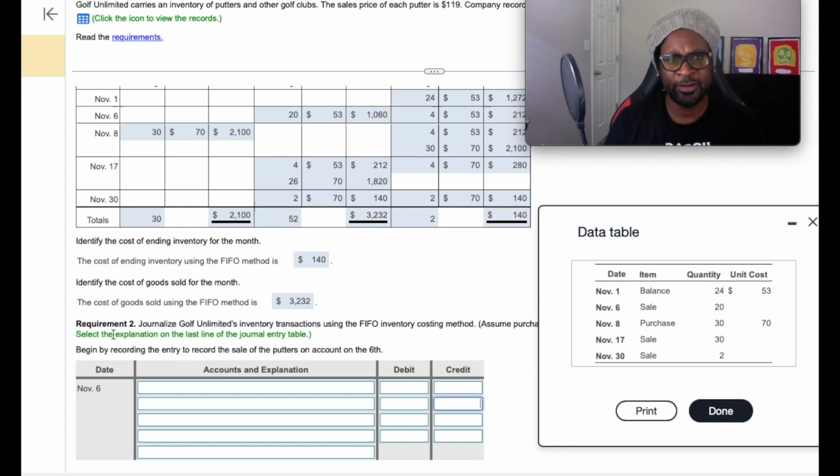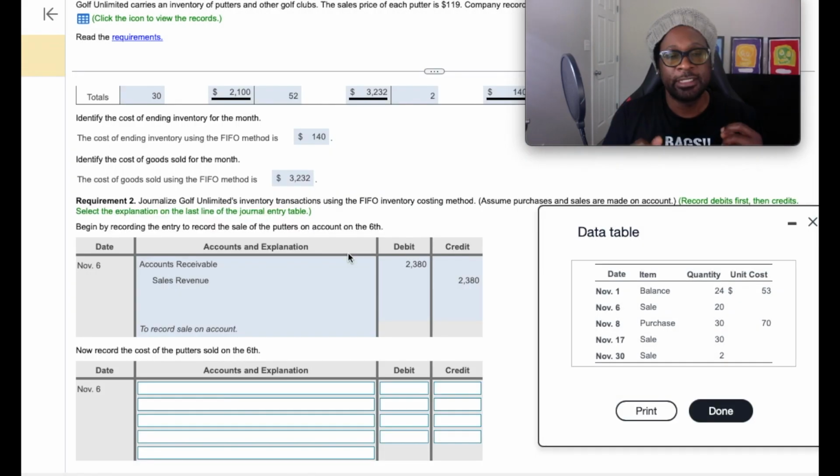So in terms of accounting for the November 6th sale of 20 units, we're going to utilize the initial sales price of $119 each. And so to account for our revenue that was earned, we're going to debit accounts receivable and credit service revenue for the 20 units at $119, which gives us a total of $2,380. We're going to check our answer.